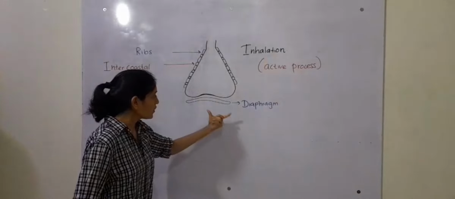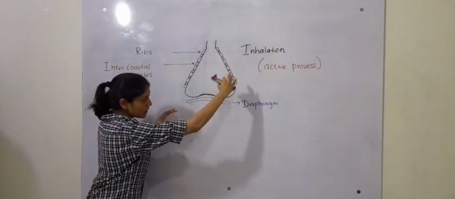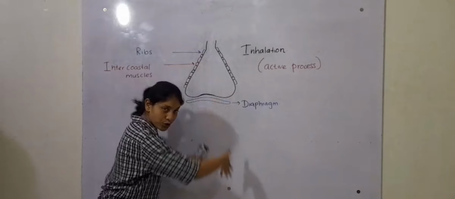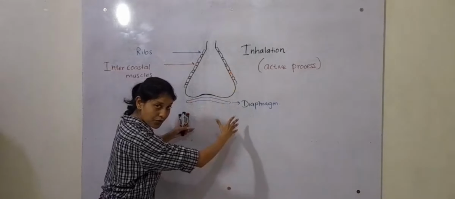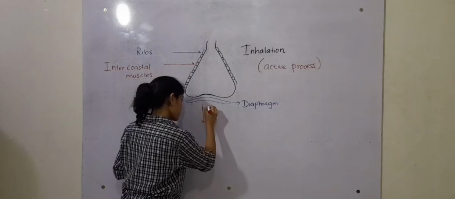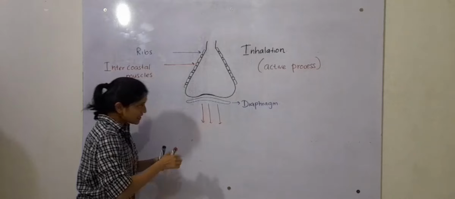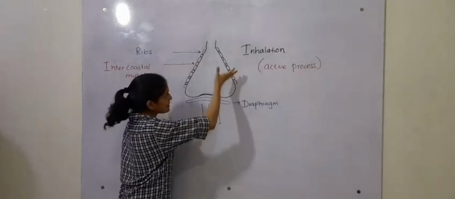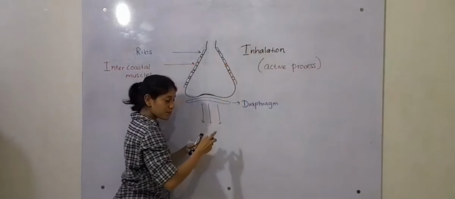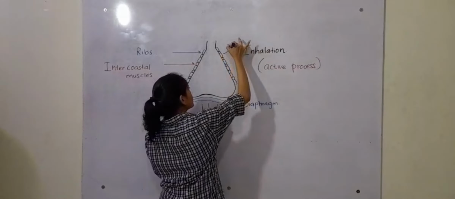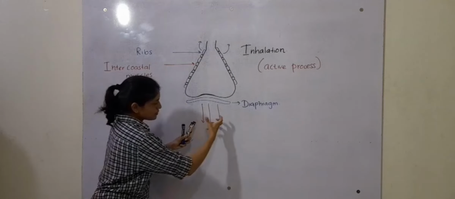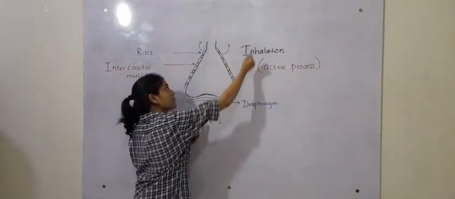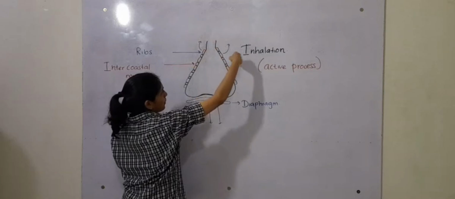During inhalation, your diaphragm is going to contract and increase its curvature, pushing down. When the diaphragm is pushed down, your intercostal muscles are going to contract and push the ribs upwards, like this.